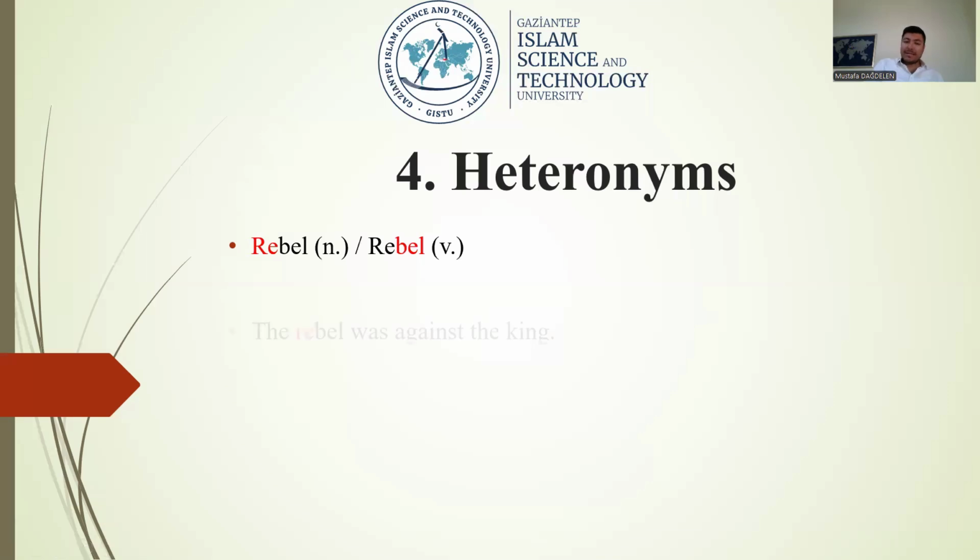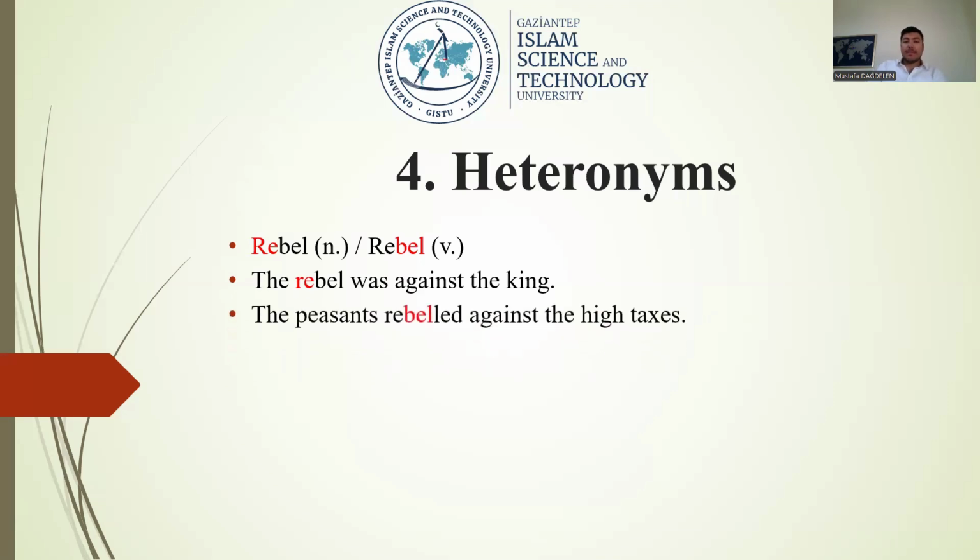Let's see them in sentences. As a noun: the rebel was against the king. As a verb: the peasants rebelled against the high taxes.